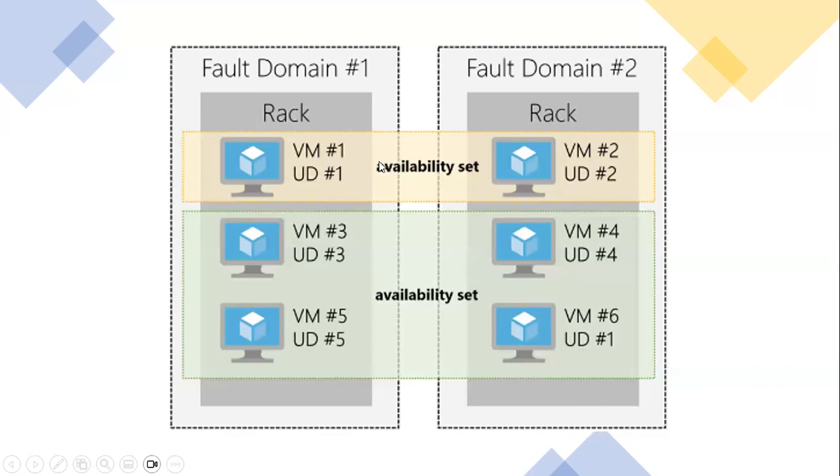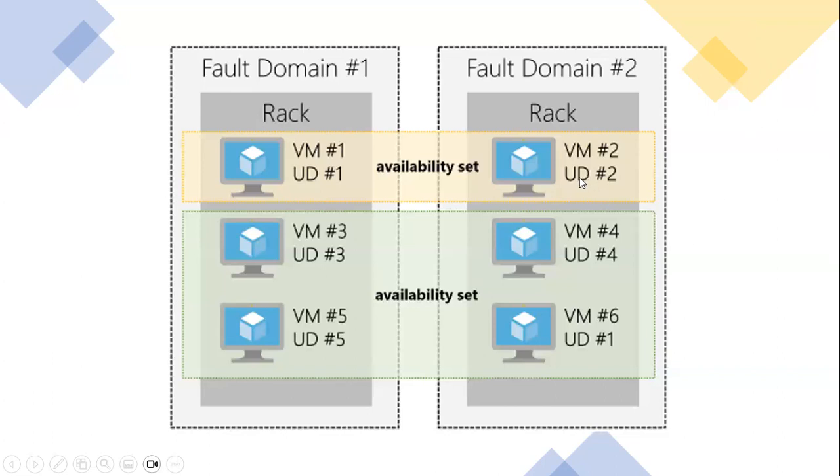So what will happen if by any chance some network issue is there, some cables connected to this fault domain have a problem? Then VM1 will go down. VM1, VM3 and VM5 will not be available, but at that time VM2 will be available, because fault domain 2 is connected to another network source.